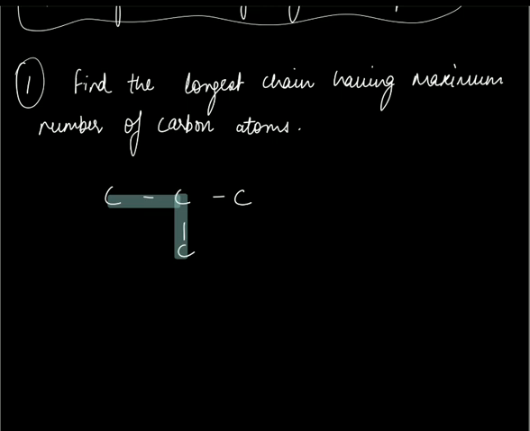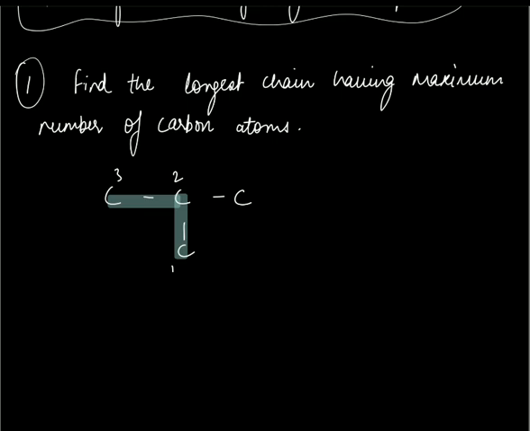Now either you can number like this: 1, 2, and 3. This is a long chain, or you can number this as 3. Then this will be acting as a branch, right? You can even start from here: 1, 2, 3. Anywhere you go in the structure, the name will be exactly the same.